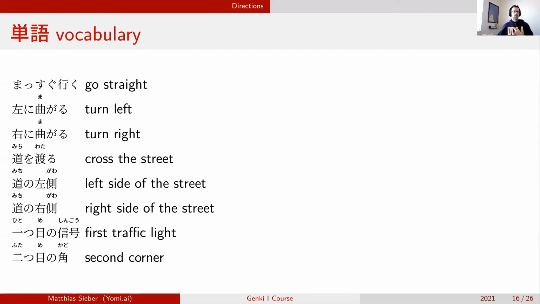So まっすぐ行く is to go straight. 左に曲がる to turn left. 曲がる kind of also means to bend, right? 右に曲がる to turn right. 道, which is the same as in budo, the way of the warrior, right? This michi is the do part, but it also means, of course, street. So michi o wataru, to cross.